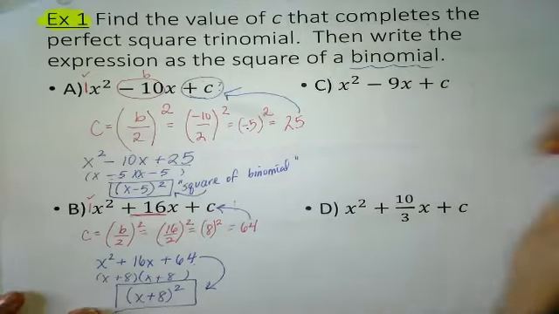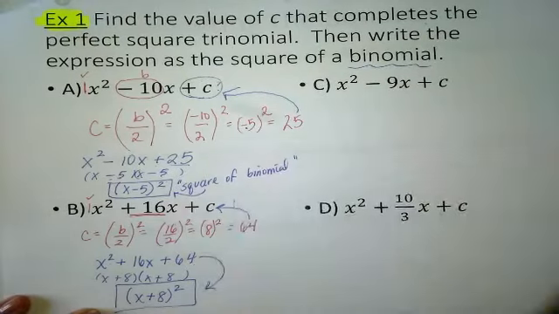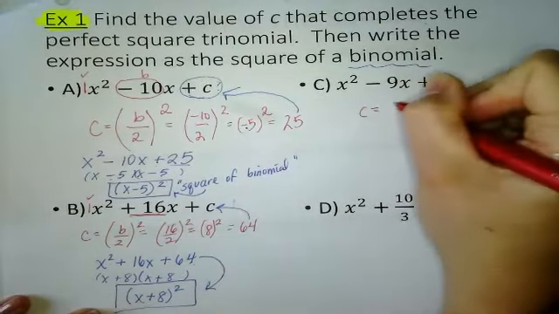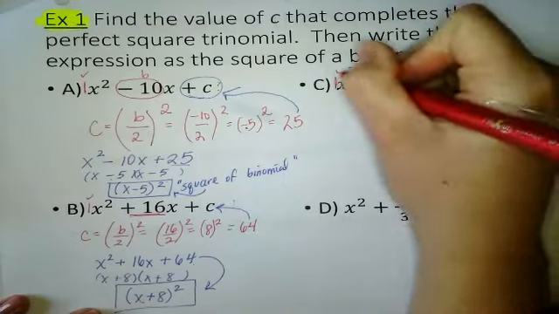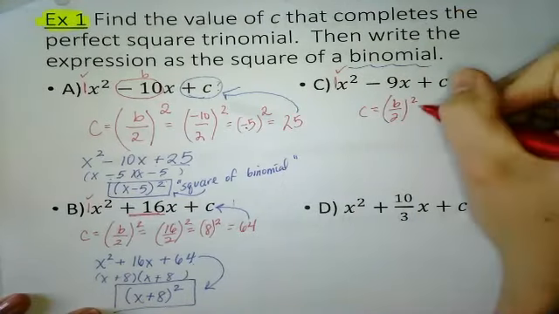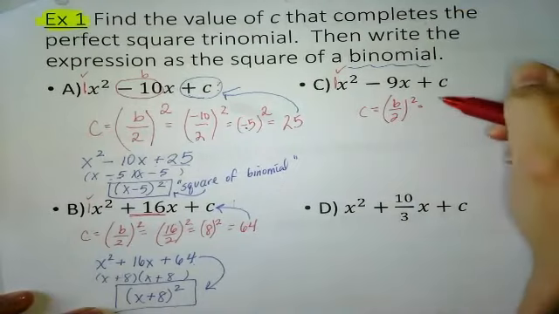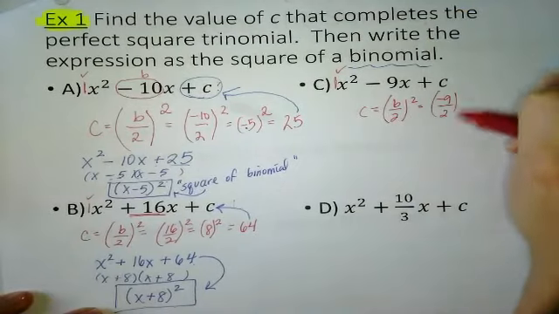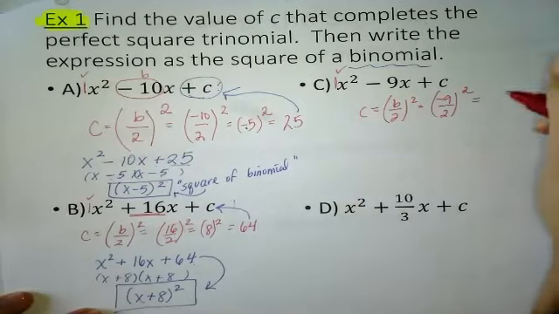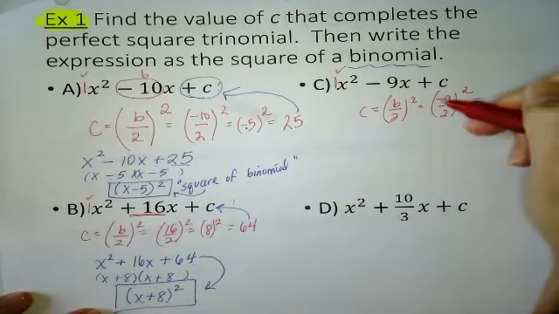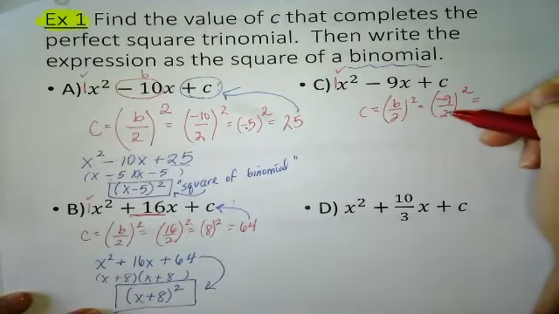All right, let's look over here. So once again, we're trying to figure out what the c is. And we know that it's the middle term divided by 2 squared, as long as you have a 1 in front. All right, so that's going to be negative 9 over 2 quantity squared. Well, negative 9 over 2, I don't know what that is.